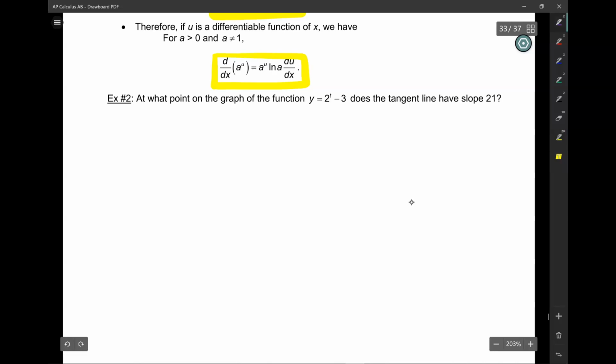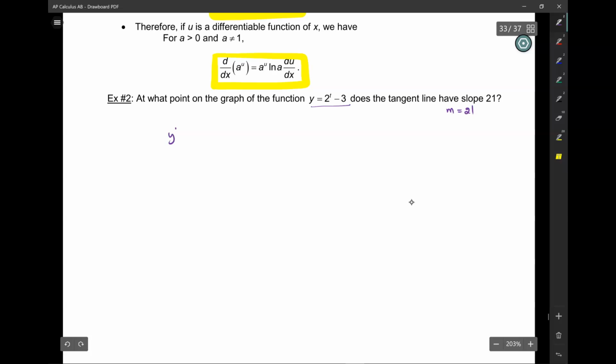It's not as tough as you think because you use them so often. At what point on the graph of y equals this does the tangent line have a slope of 21? So I need to find the slope and set it to 21. But what is slope? It's dy/dx.